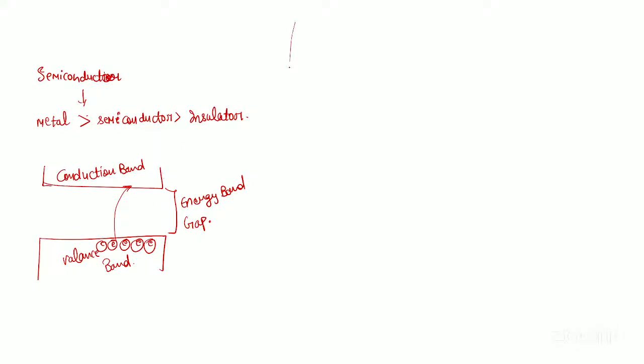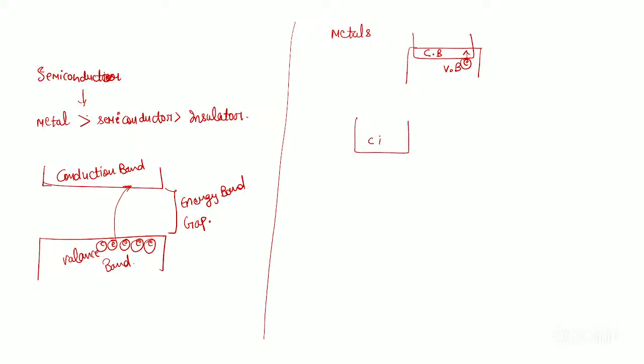So if I talk about metals, these two bands overlap with each other like this. So this is the conduction band, and here is the valence band. We require no energy to transfer the electron from the valence band to the conduction band, and that is why the conductivity of metals is too high. If we talk about the insulator, this is the conduction band and this is the valence band.